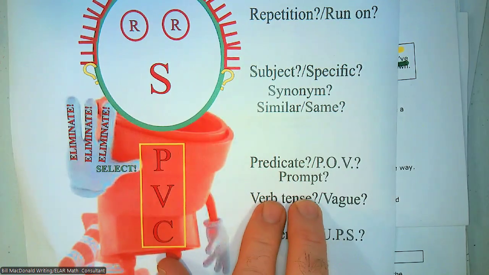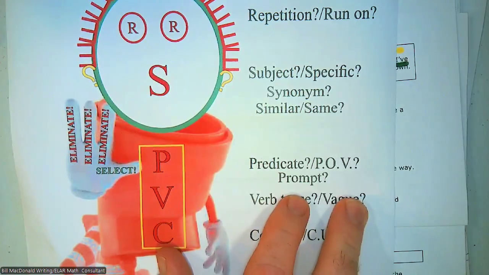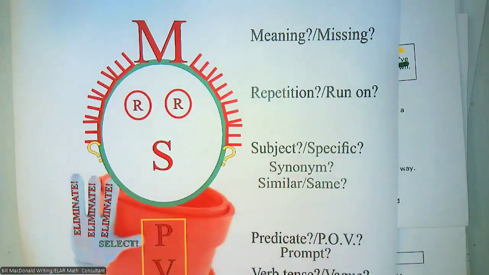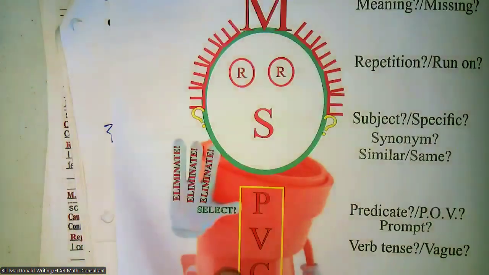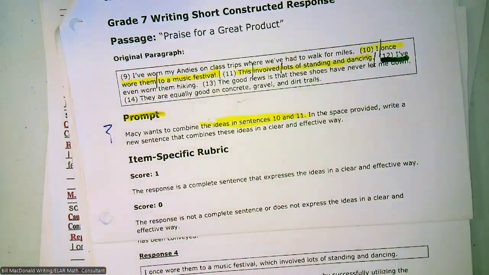If the verb tense changes, is it past, present, future? Is the response too vague? Because we're going to get rid of things that are vague and keep things that are more specific. And does the content change?